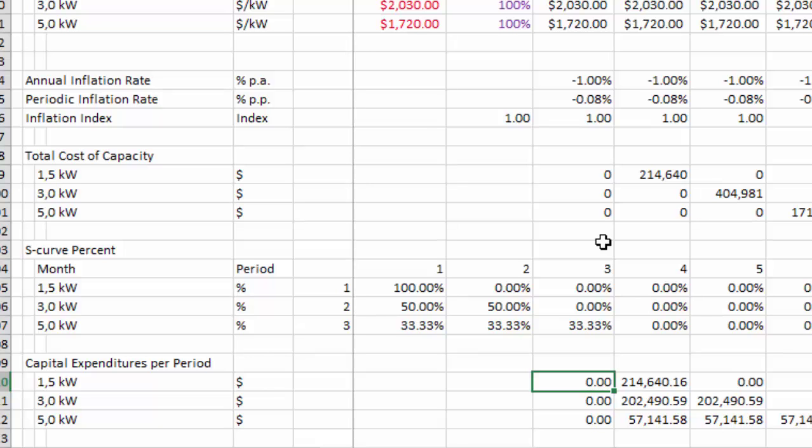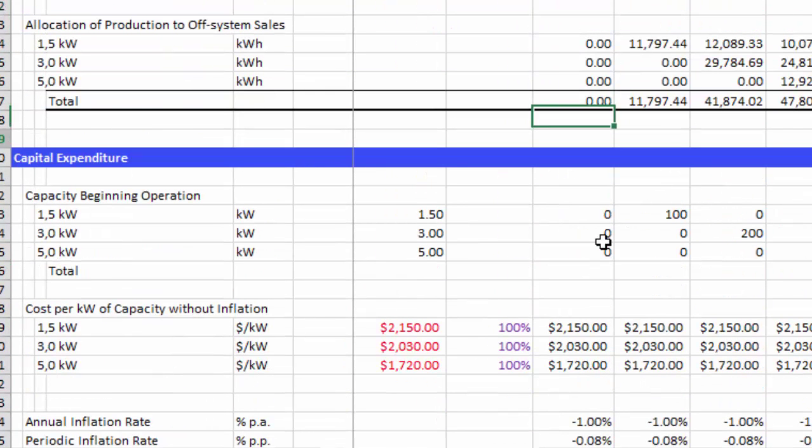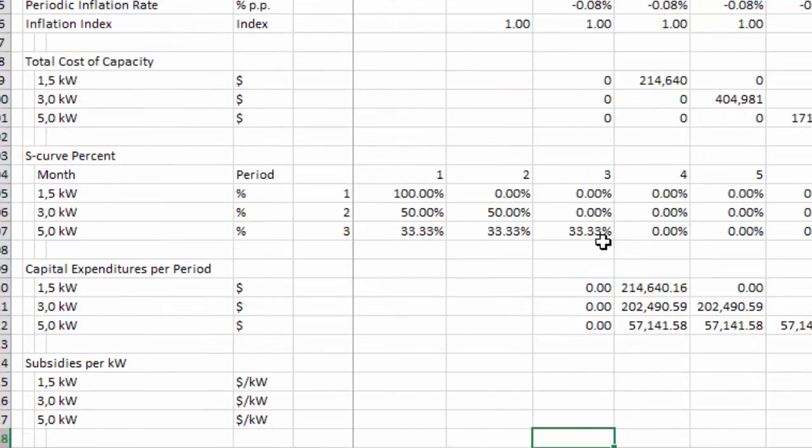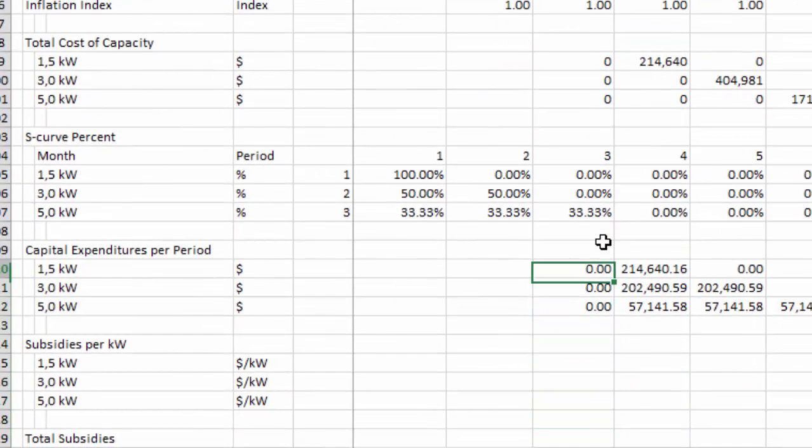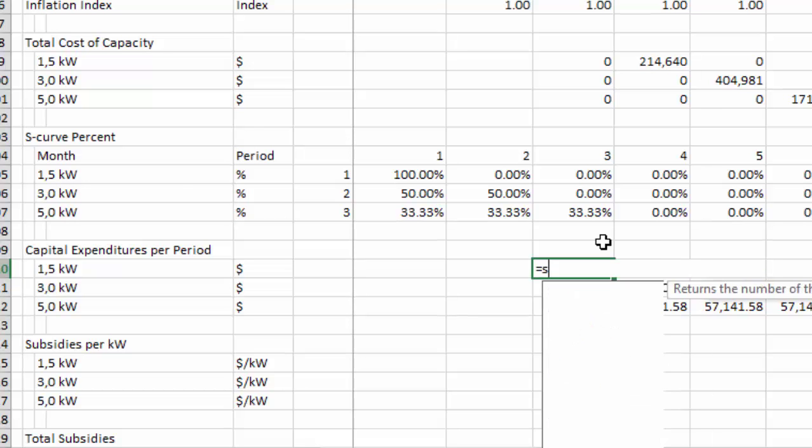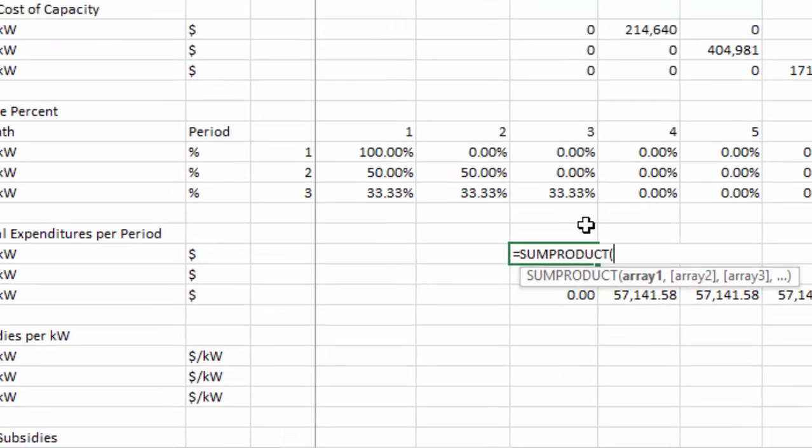So here's how it works. We put the S-curve in, and that's really going to be the big theme of this whole thing. Now, I did have to make a change. I changed this capacity to make it the beginning of the period instead of the end of the period. And then we put SUMPRODUCT.